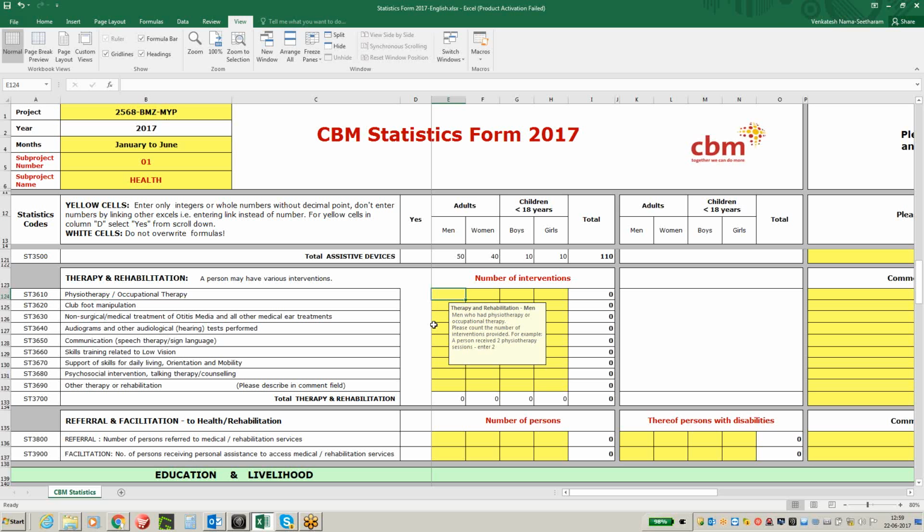For example, if the project is conducting 100 physiotherapy sessions in a year, how many were given to men, how many to women, how many to boys and how many to girls? This is what is counted, the workload of the project. The interventions, for example the physiotherapy sessions, are counted and not the persons.